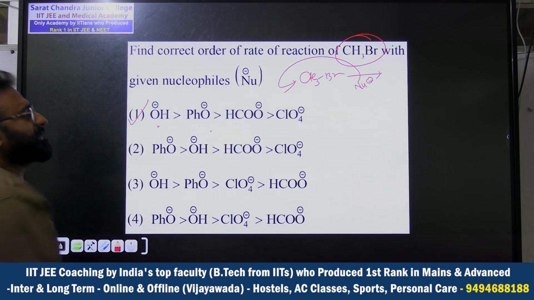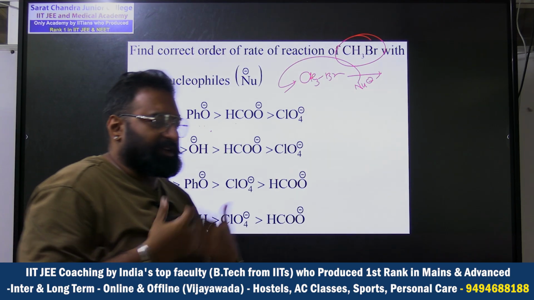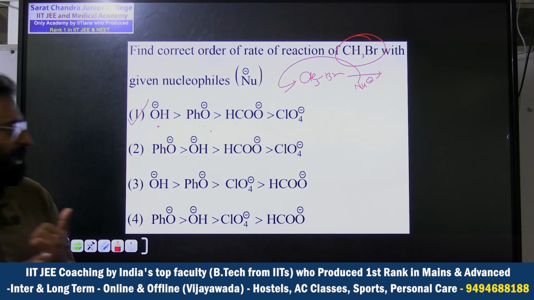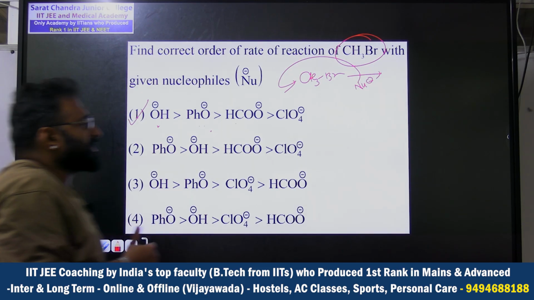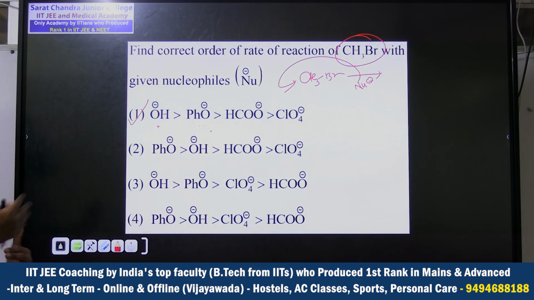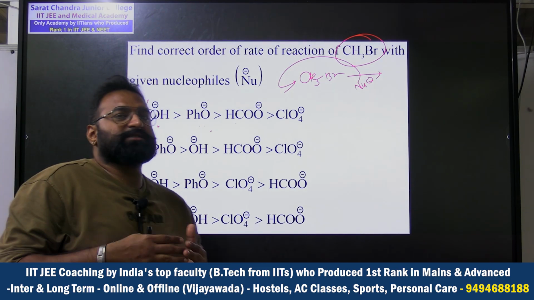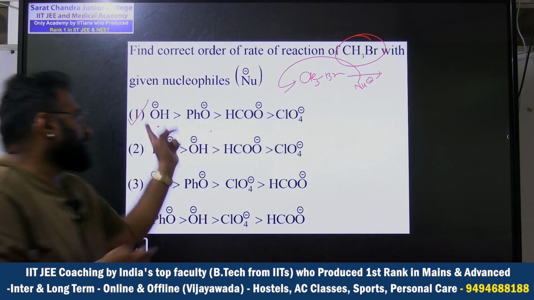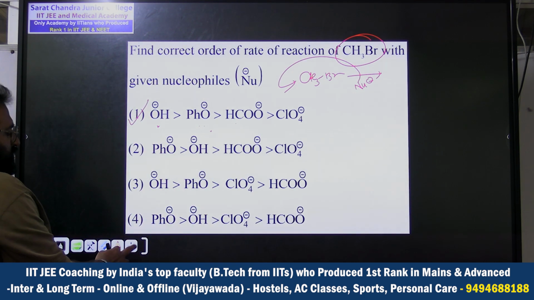Option number 1, direct NCERT line. As size increases, the attack nature decreases. Then as the negative charge increases, it behaves as a stronger nucleophile. So option number 1 is correct for this question.